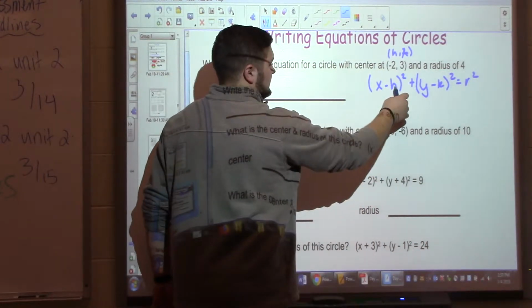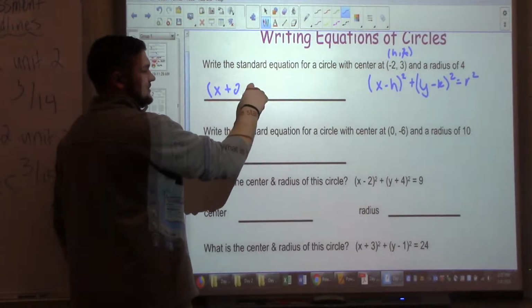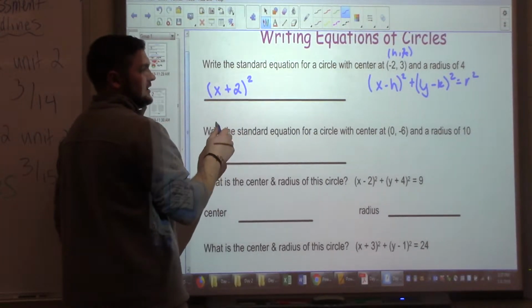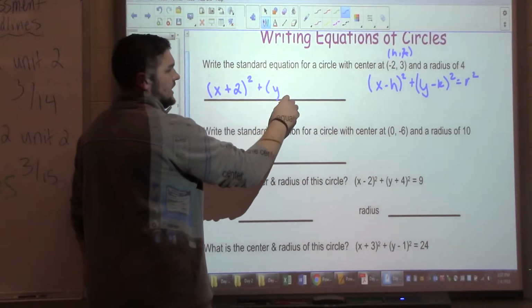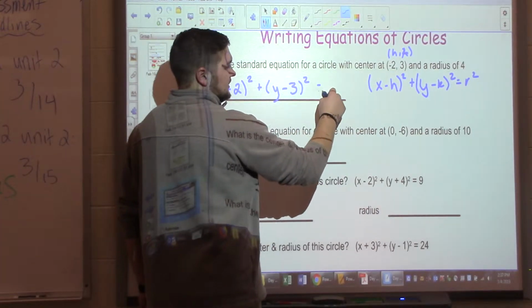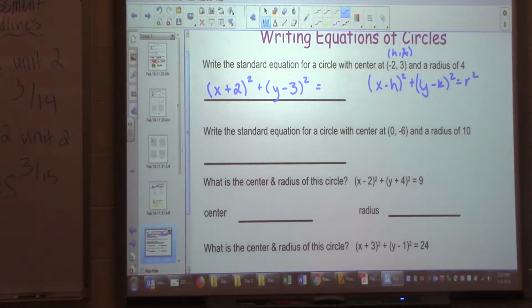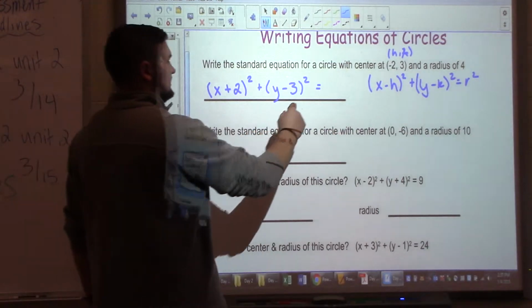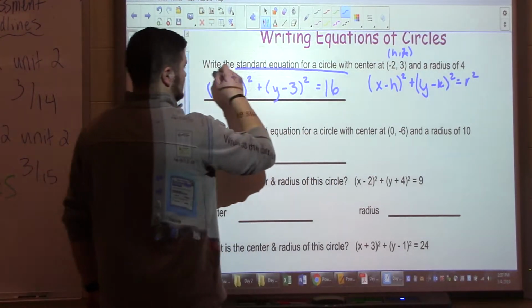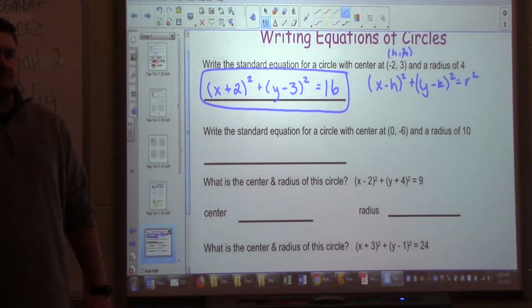So I'm going to plug negative 2 in for h. X minus negative 2 is the same as x plus 2 squared, plus y minus 3 squared equals, what was my radius? 4. So square that, equals 16. That's my standard form equation.